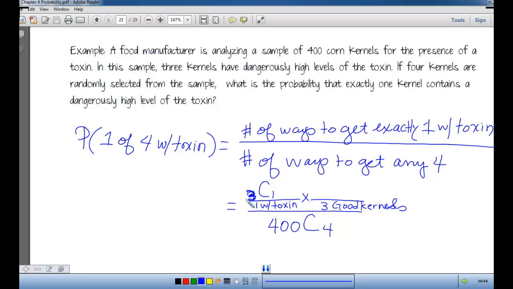Okay, but then how many good kernels do I have left? 397. And how many do I need to choose? 3. So that 1 plus 3 adds up to the 4 that I need. I've got 1 toxic one and 3 good ones. And so do all that in your calculator and I'll give you the answer.